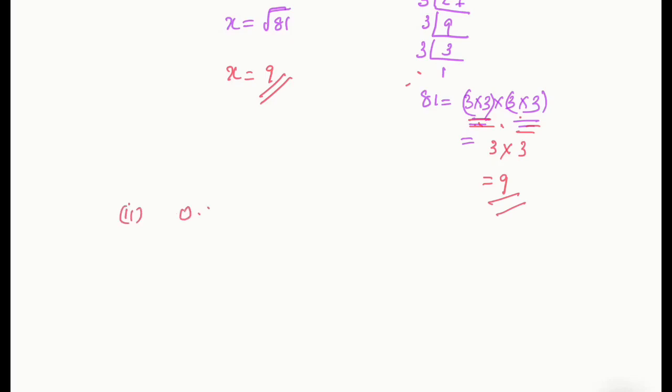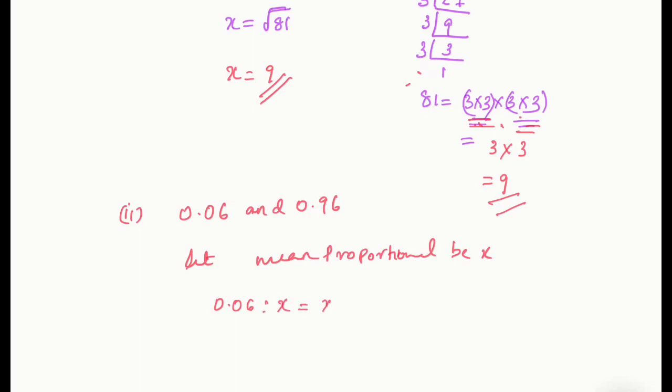Second sub question: 0.06 and 0.96. So how do I take it? Let the mean proportional be x. 0.06 is to x equal to x is to 0.96.